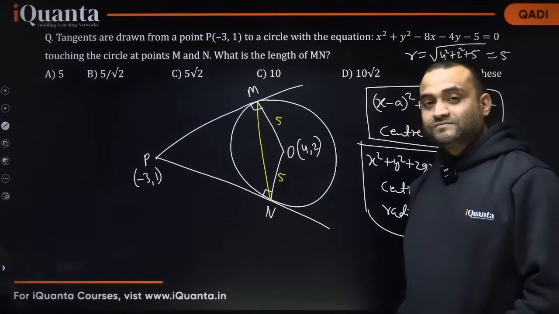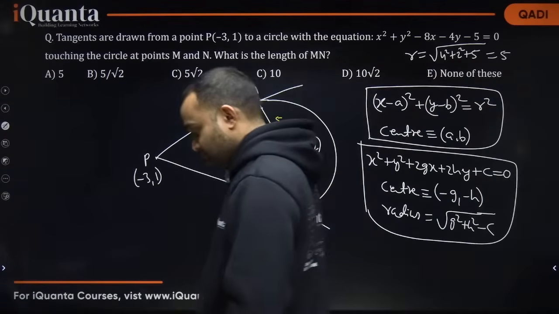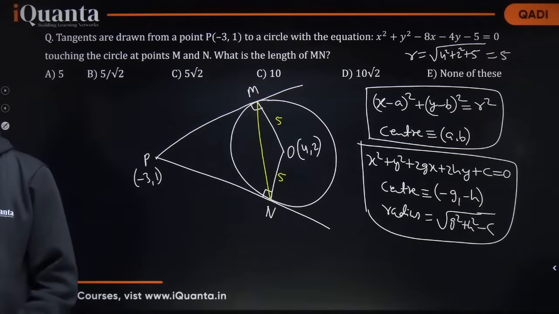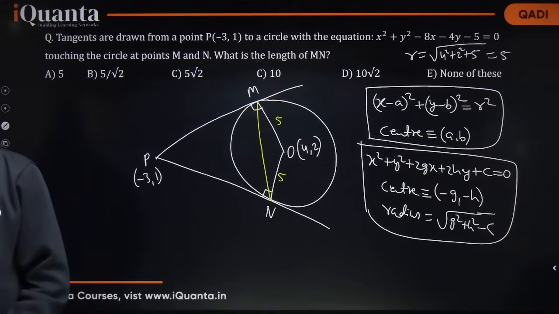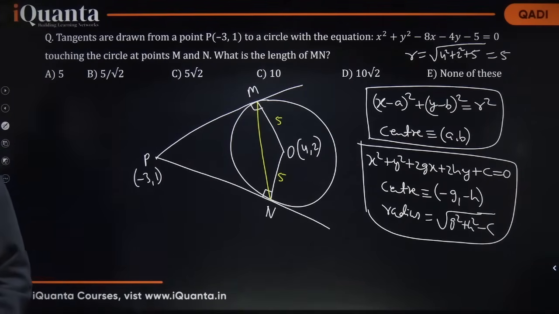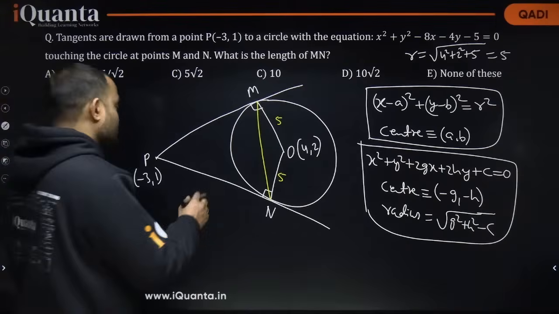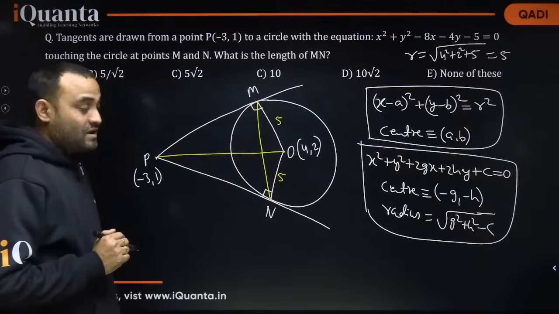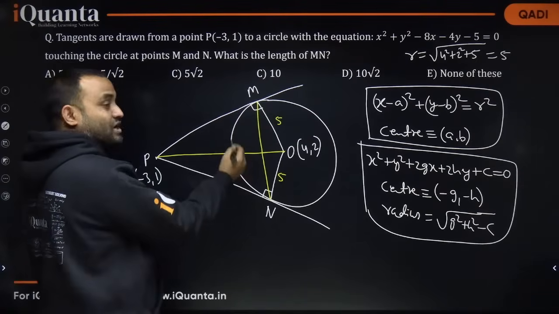Any idea? Length of PO. So draw the length of PO. See, if you draw the length of PO, what will happen? See, these two are congruent triangles.